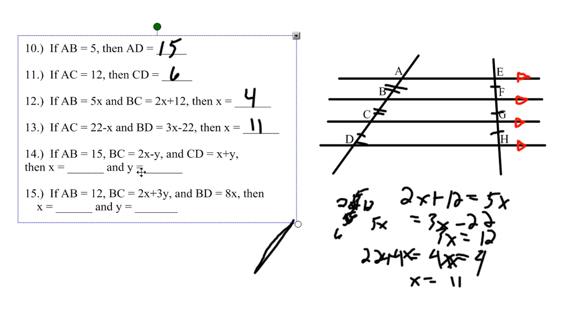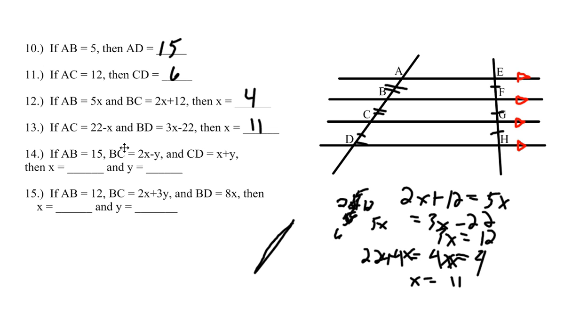Okay. Next, we say if AB is 15, and BC is 2x minus y, and CD is x plus y. Oh my. Then x and y must be equal to what and what? Well, here, we know both of these things are equal to 15, so we say 2x minus y equals 15, and x plus y equals 15, because they all have to be equal.